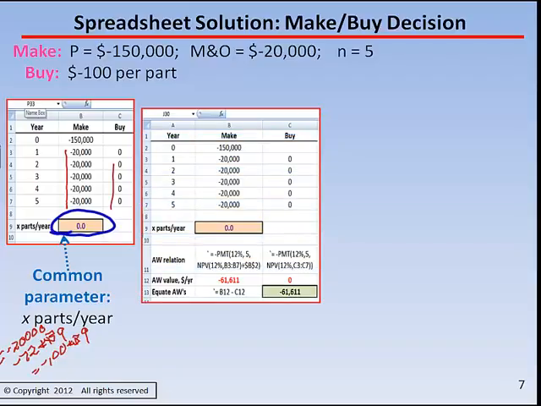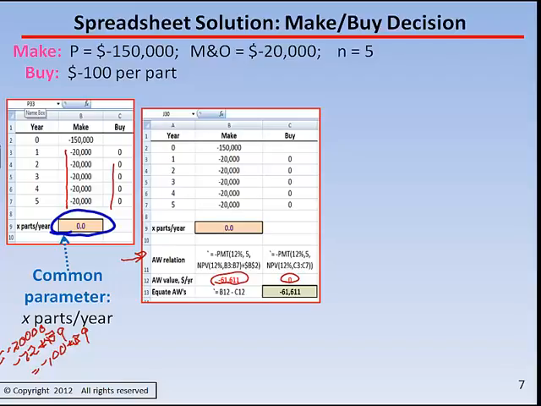Next, we add the AW relations using the PMT function with an embedded NPV function. The functions are shown here in row 11 for both make and buy options, and the numerical values for X equals 0 are displayed in row 12. To carry out step 3 that equates the AW relations, simply subtract the 2 AW values.